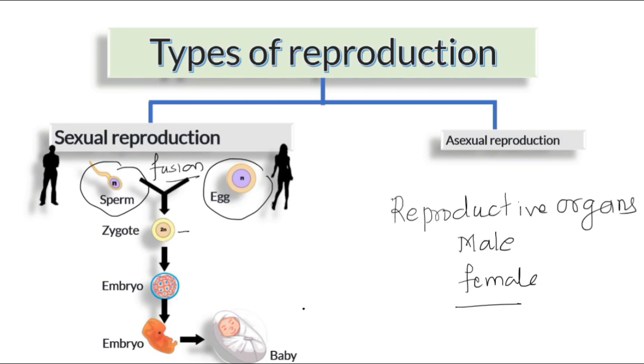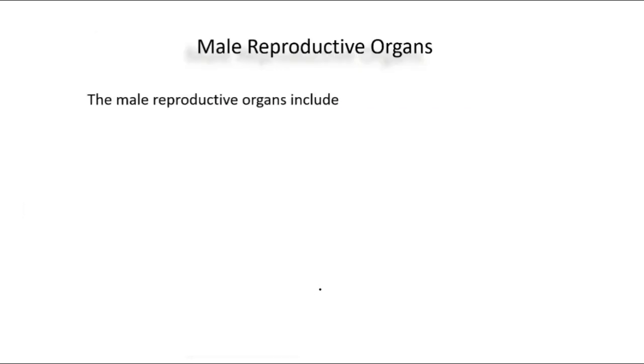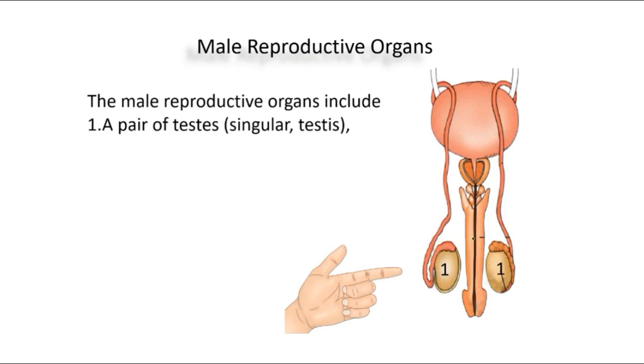After this we have learned about the main parts of male reproductive organs as well as female reproductive organs. The first one is testes, and testes are the places where sperm is produced.